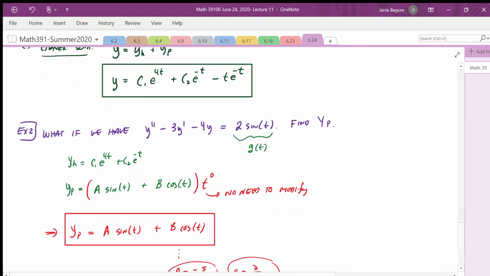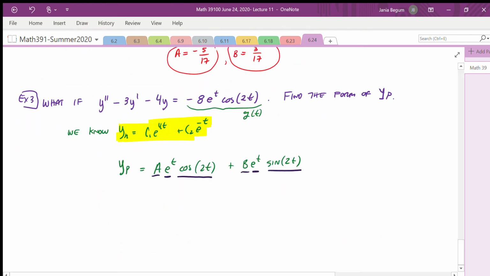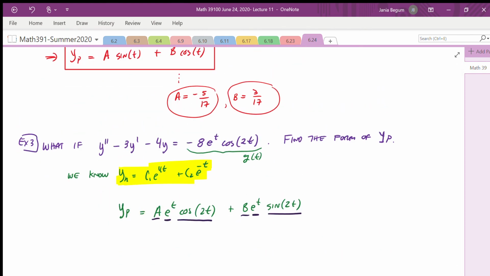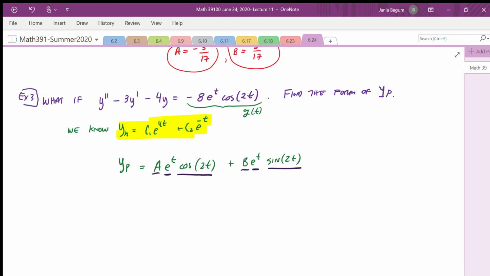That's why we guess this one to be yp. Now I put an exponential and a trig function, so your guess has to involve an exponential and both sine and cosine. It doesn't matter which one you have for g of t, you need both sine and cosine. The rest is solving it: you compute its first and second derivatives, plug them in, and you get the idea.